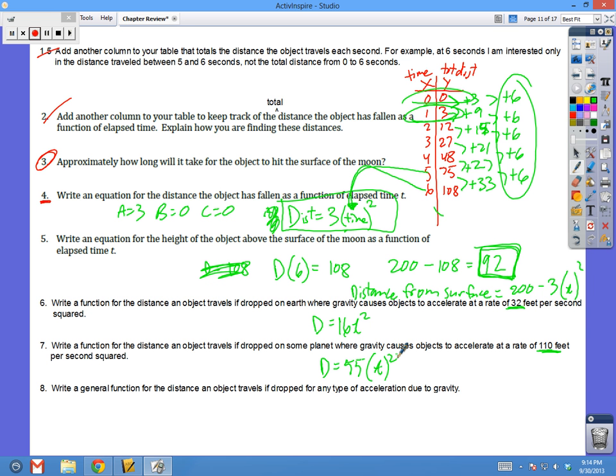So 8, the general function for the total distance an object travels when dropped because of gravity is going to be this.